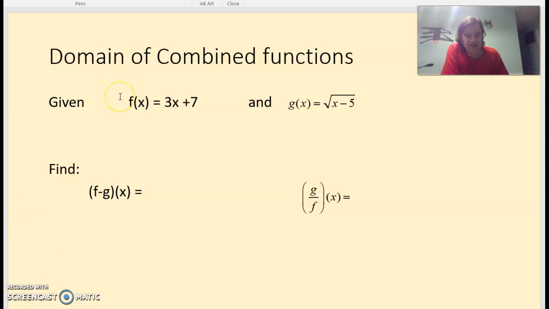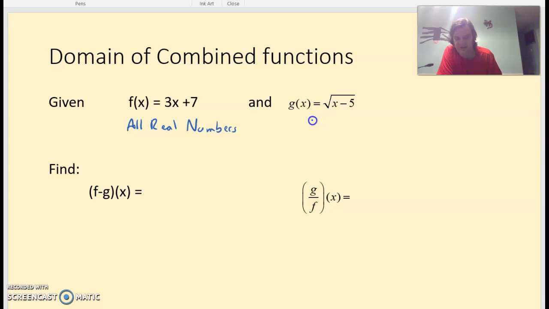Alright, so let's use two other functions and see what happens here. So the functions are going to be f of x, which is 3x plus 7. No roots, no denominator, so that's all real numbers. And the other one is g of x equals the square root of x minus 5.